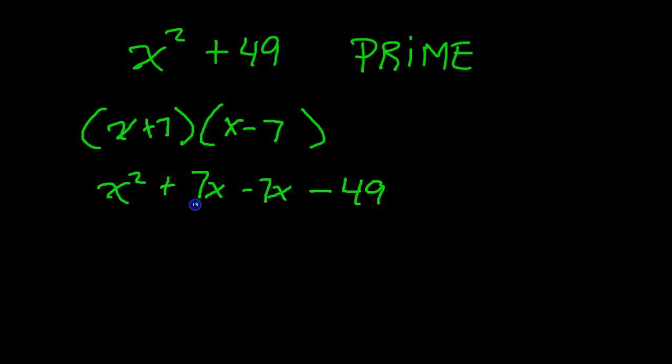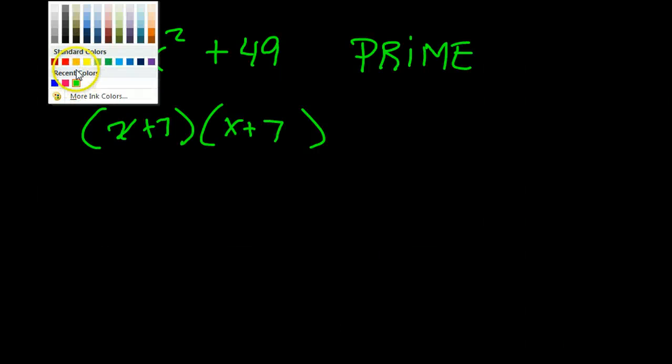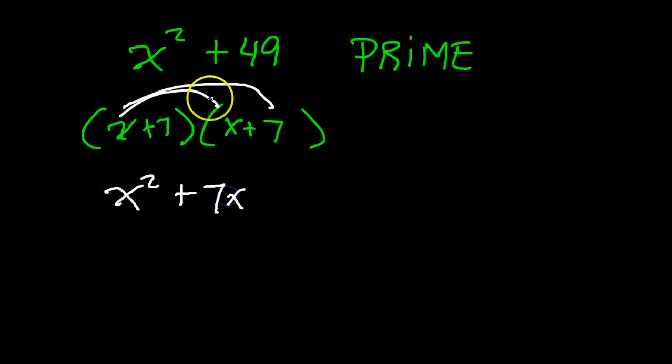So we already knew that this is how you get x squared minus 49. So it couldn't be that. Okay, so what else might you try? A common answer is, well, let's try x plus 7 times x plus 7. But the problem there is when you go for your double distributive property, x times x is x squared, x times 7 is 7x.